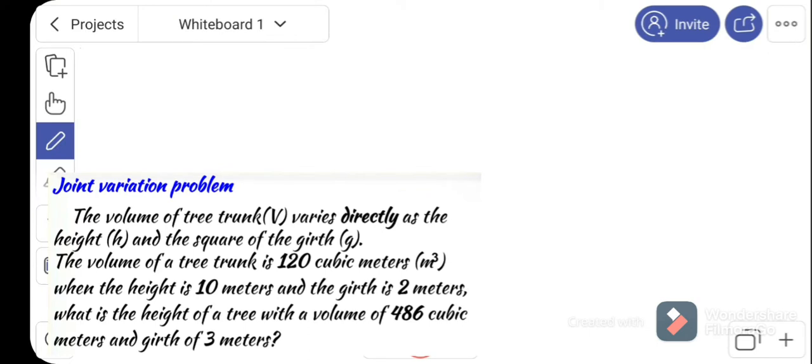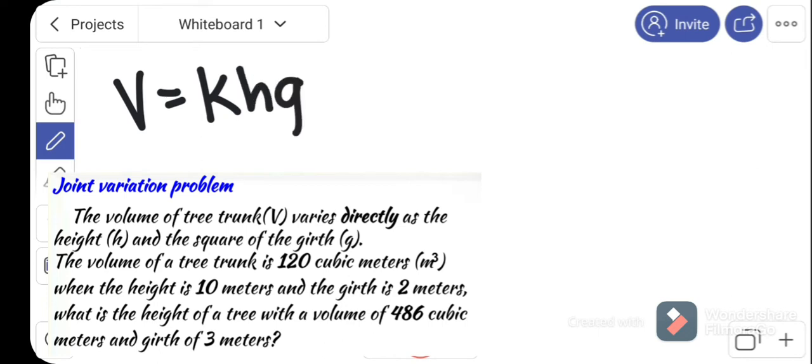So the volume varies directly. This will be the product of h and g squared, because it says the square of girth.